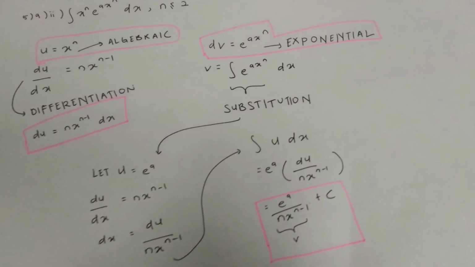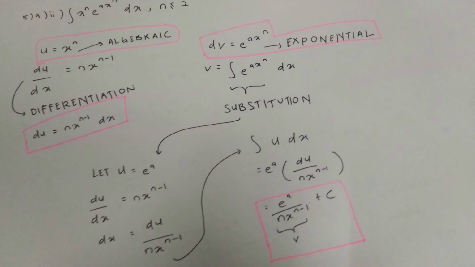The equation for substitution is integrate e to the power of u dx. We need to substitute u, and dx, which is du over n x to the power of n minus 1, to get the v. And now we get our u, du, dv, and v.